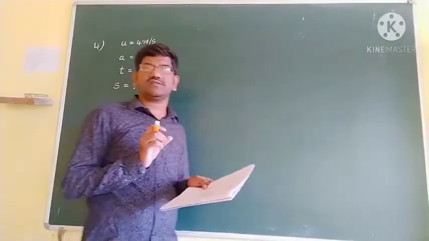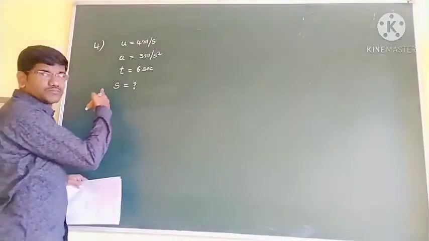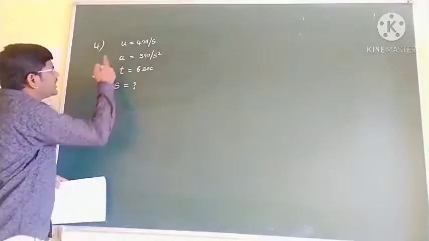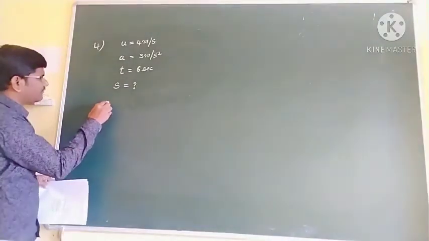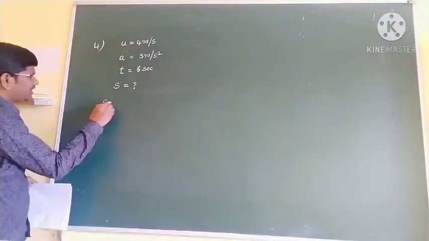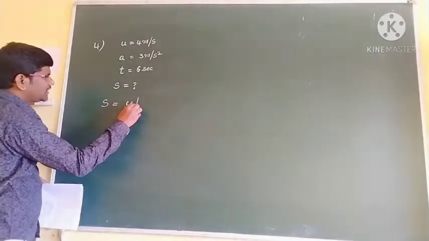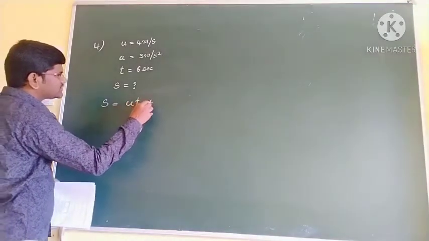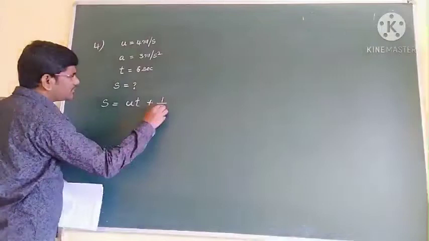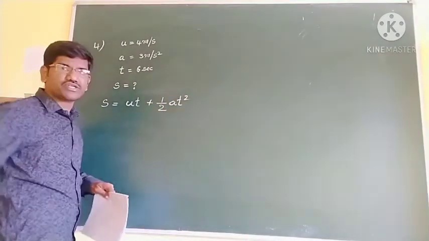Okay, students. Initial velocity is given, and they are asking for distance. U, A, T. What is the equation I have? S is equal to UT plus half AT square is the equation we have.